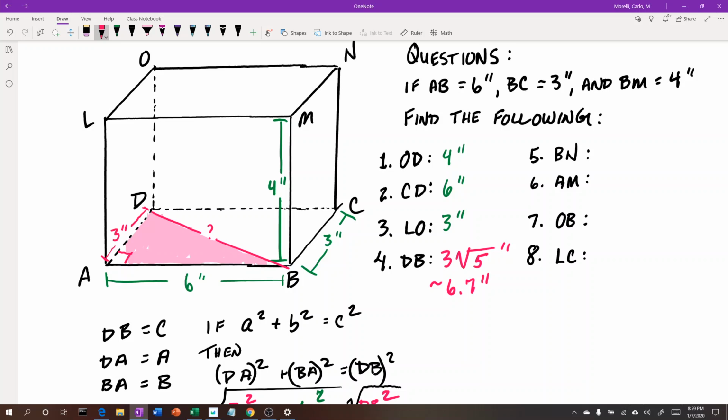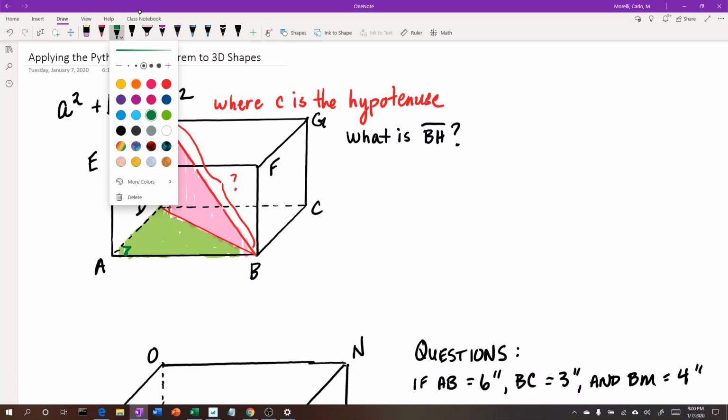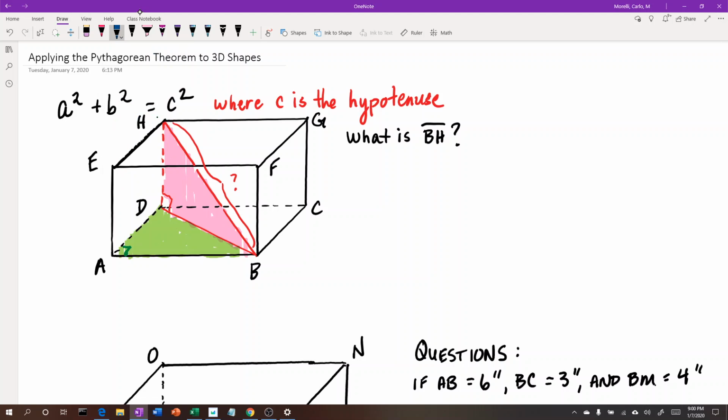All right. Oh, I forgot something that I needed to mention about the Pythagorean Theorem. We should say here, where C is the hypotenuse, and where triangle ABC is a right triangle.